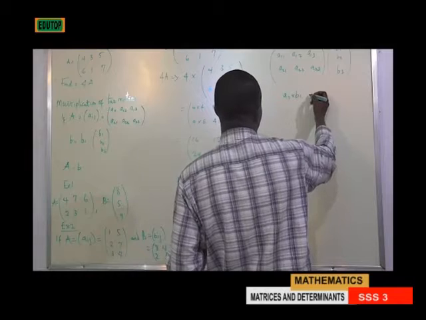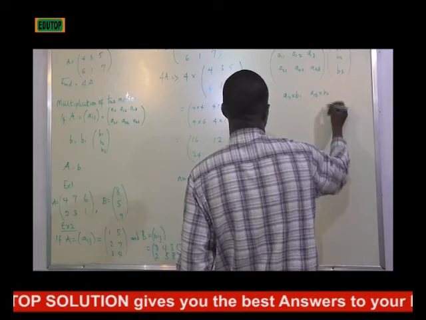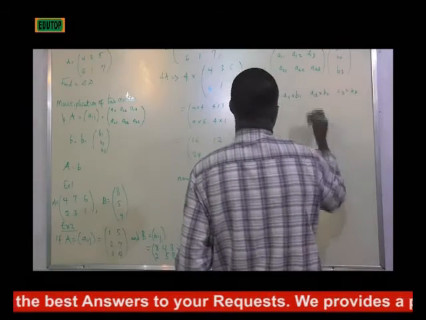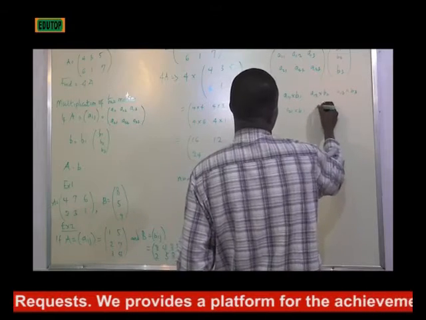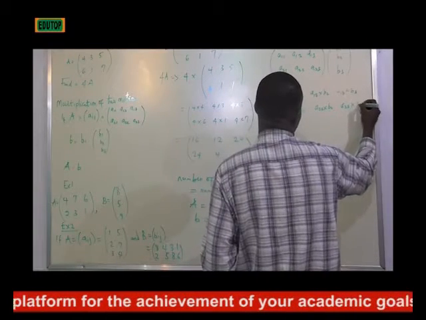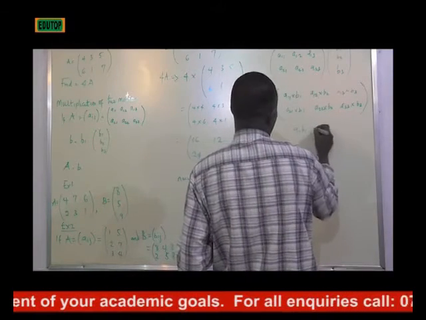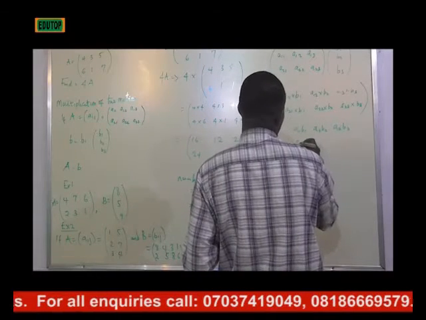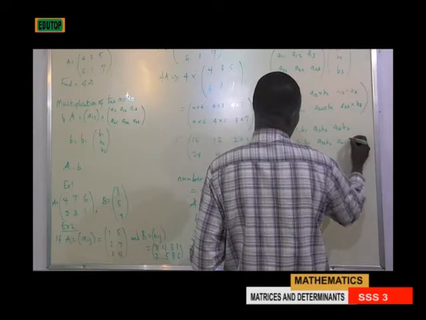Then A12 times B2. Then A13 times B3. Then A21 times B1, A22 times B2. Then we'll have A23 times B3. So automatically this will give us A11 B1, A12 B2, A13 B3, A21 B1, A22 B2, A23 B3.